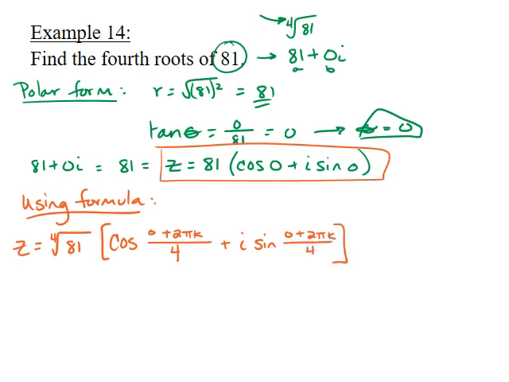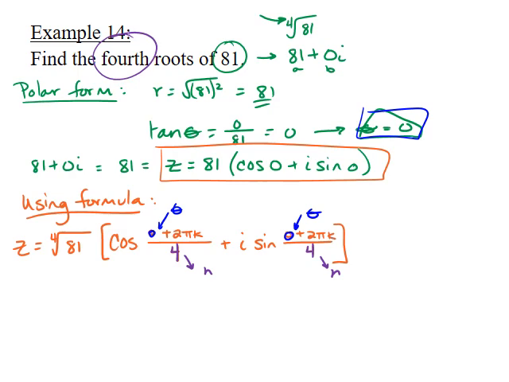Now, I bet that just blew your mind. So let me remind you that 0, this number here, is theta, which we found above. This number here, this denominator 4, is n.